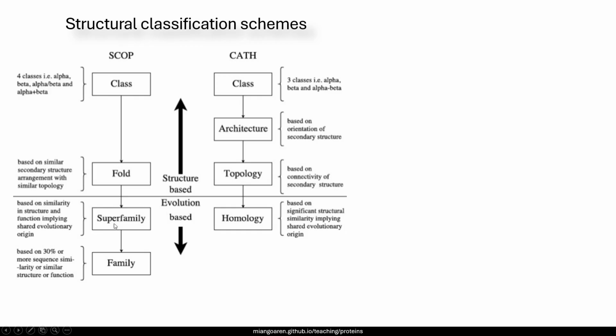And finally, we have a fourth category that is also equivalent in these systems, where in SCOP it is called superfamily, and in CATH it is called homologous superfamily, which recovers information at the level of the protein sequence. SCOP has one more category, which has no direct equivalent in CATH, called family, which are protein sequences that share at least 30% sequence similarity.